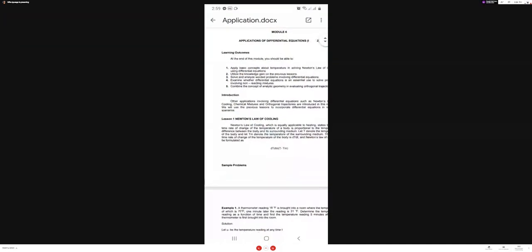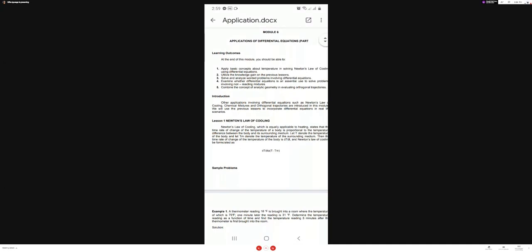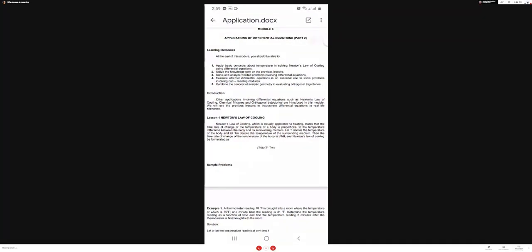So, yung thermometer, pag nilagay mo dun sa tubig at kumukulo na, most likely nandun na siya sa 100. Pag medyo masyadong mataas sa 100, alam mo na hindi na tubig yung tinatamaan mo, kundi yung pot na. Tumatama na siya dun sa kaldero kung saan ka nagpapakulo.